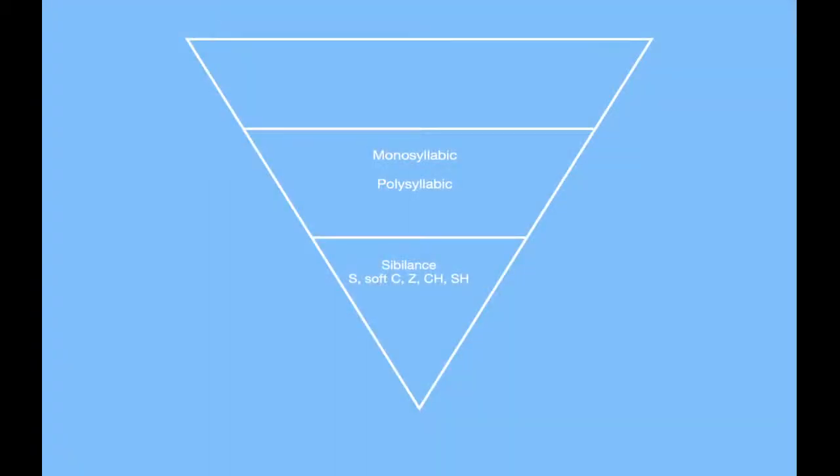And just like with any code, you need a system to be able to unlock it, to figure out how it works. So this system that I'm beginning to introduce you to now, this triangle system, the monosyllables, the polysyllables, and we're beginning with our sound analysis, this sibilance, is a way that you can solve the puzzle of language, because it needs to be solved.